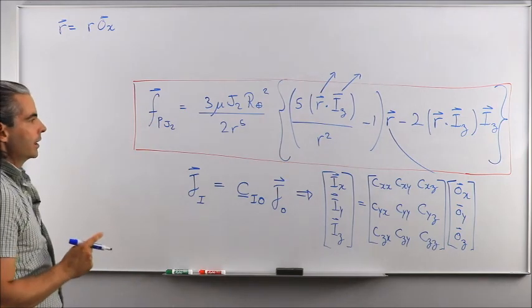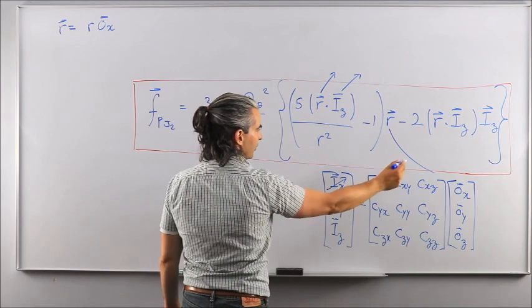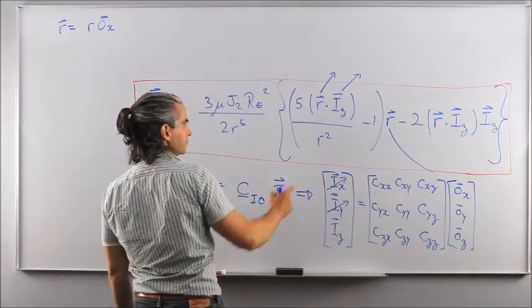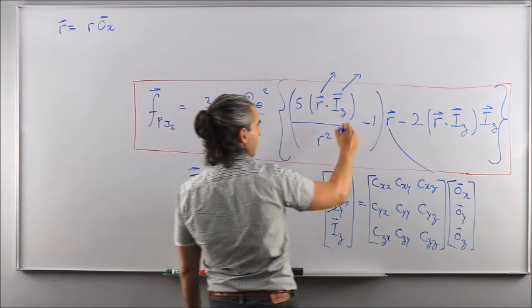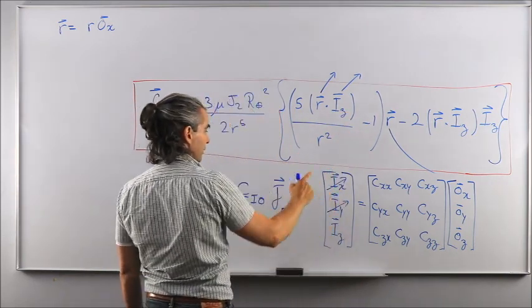Okay, so what I wanted here, I don't care about what IX is in terms of OX, OY, OZ. I don't care about IY, because this expression only depends on IZ in terms of unit vectors for the ECI.